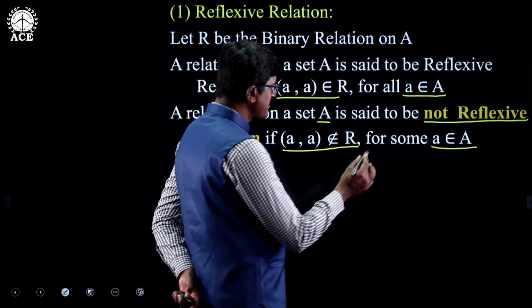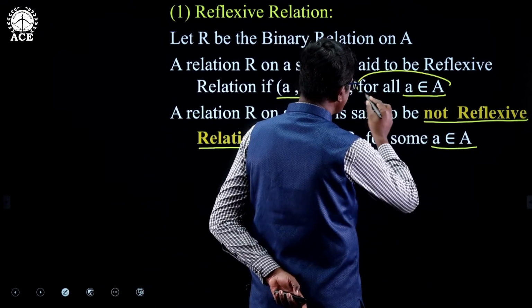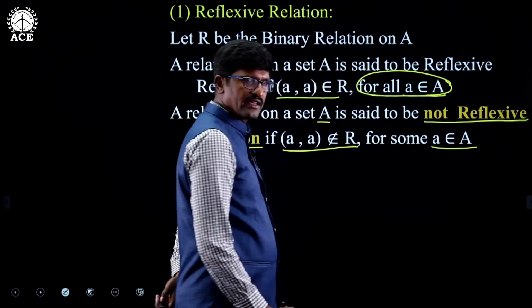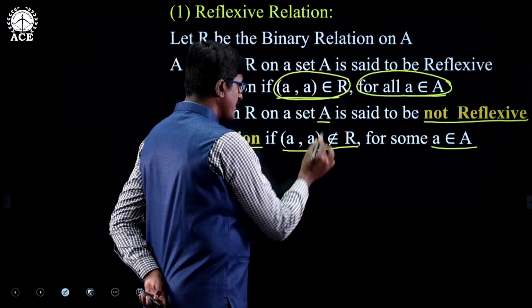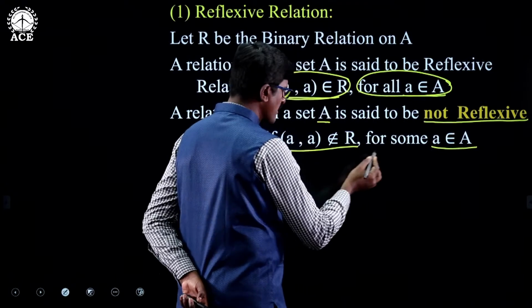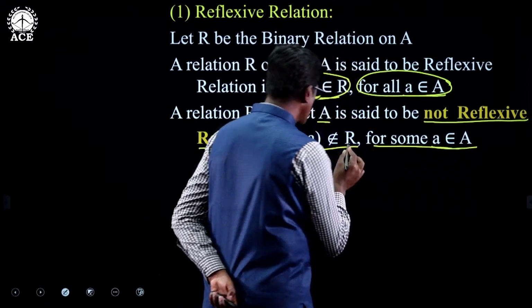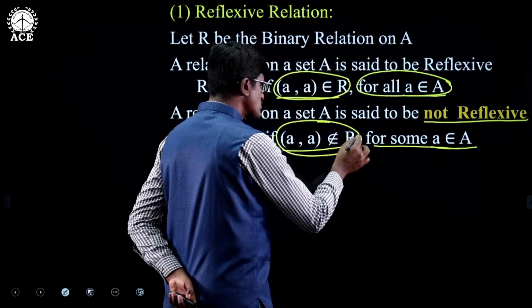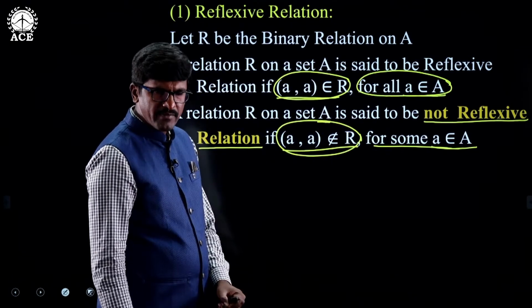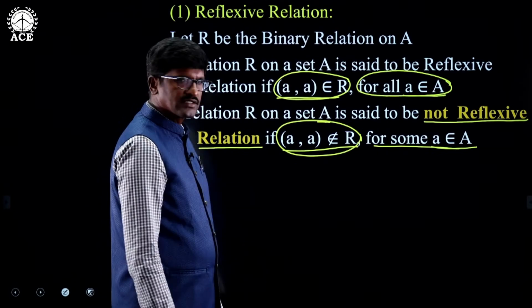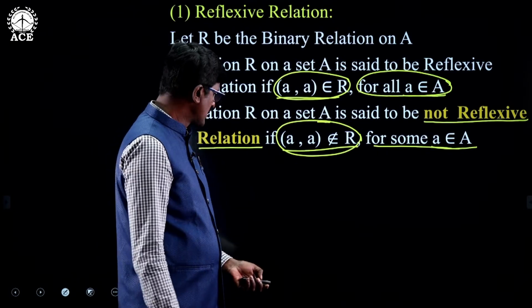So reflexive relation means for every element in the set A, there must be the mapping from A to A itself. Not reflexive relation means for some elements, (a, a) does not belong to R.